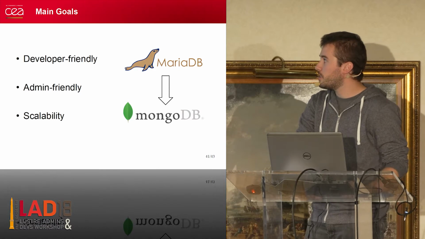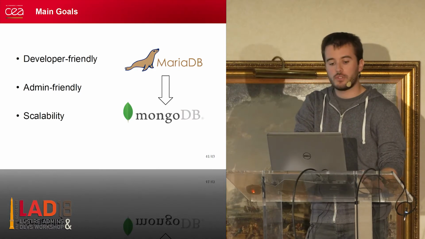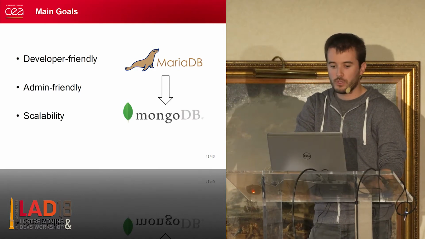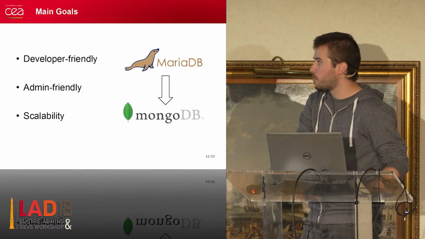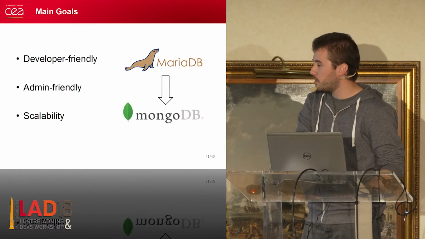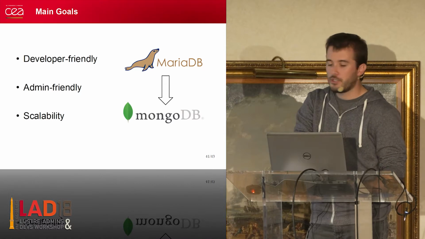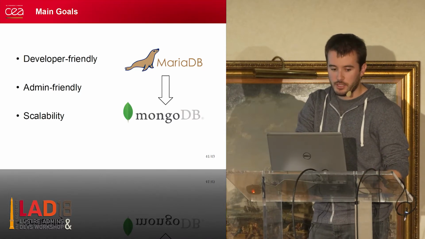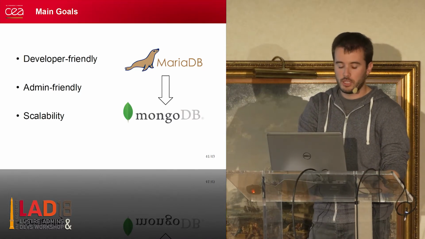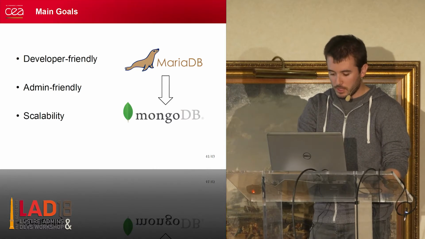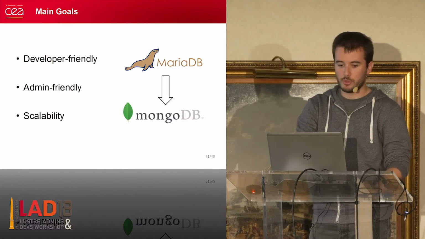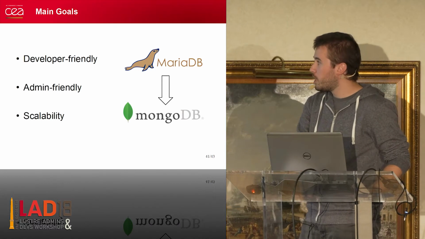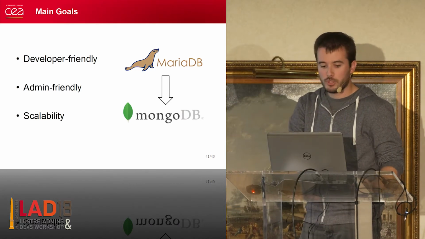This is my conclusion. This is a recap of the main goals that I'm trying to achieve with this v4. Obviously, we want to switch from the MariaDB database, but there are also points that I'd like to maybe improve or just make even better with this v4. I would like this release to be even more developer friendly.